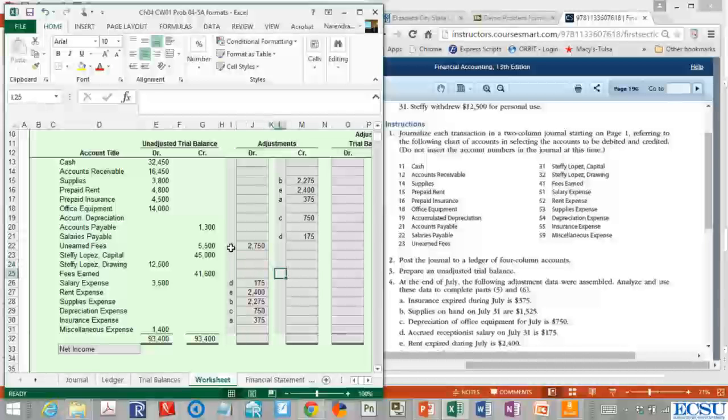So this is fees earned, number F, 2,750. So I guess we have already completed the postings of these.